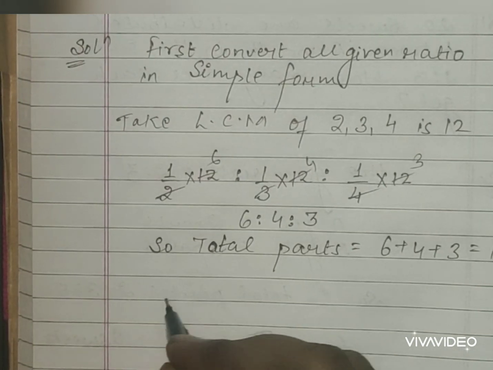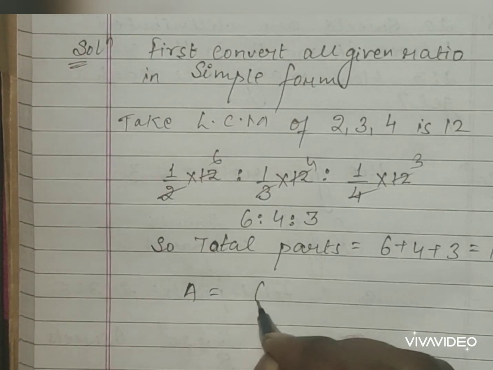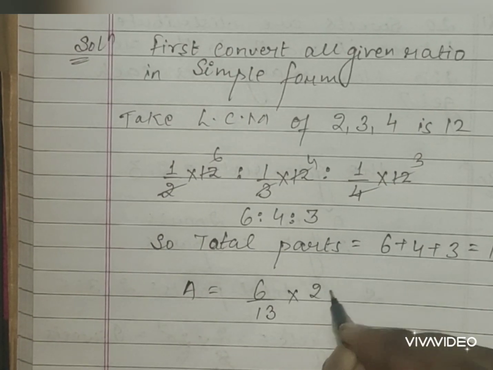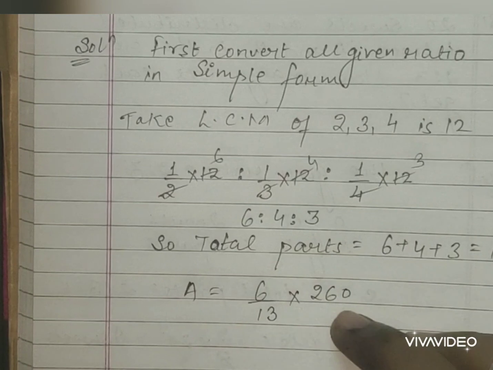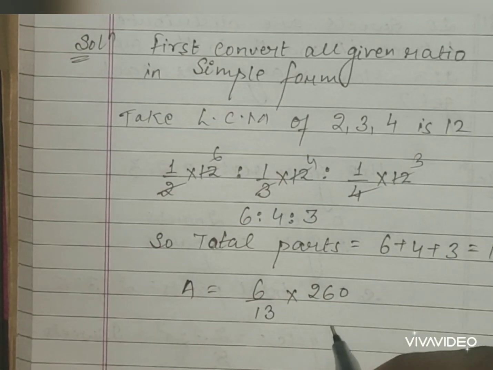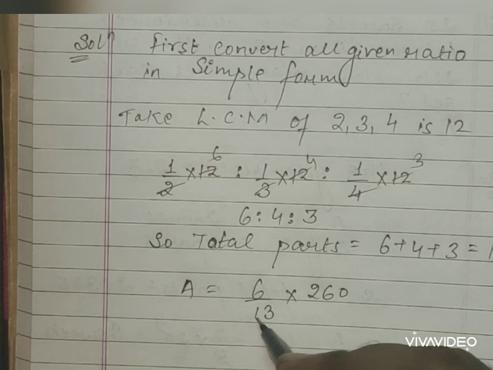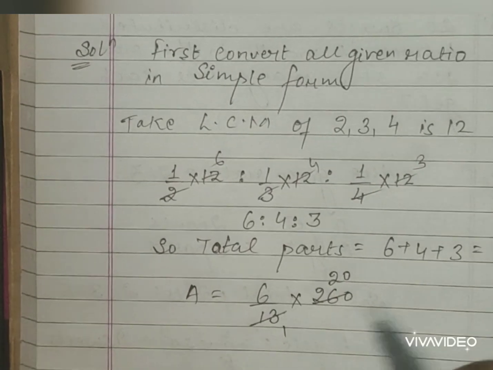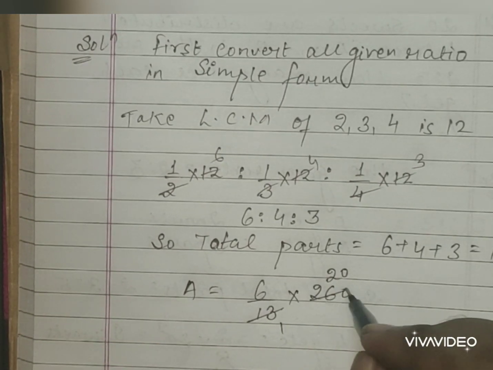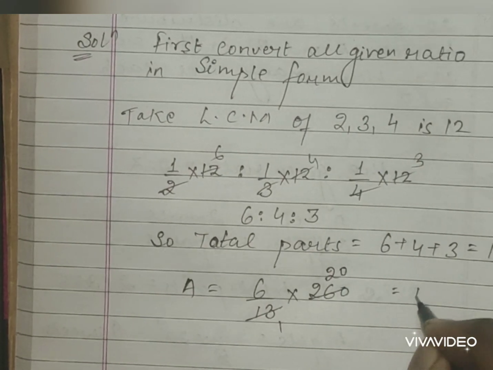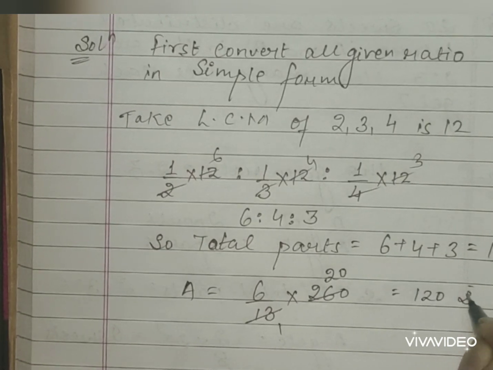So now A is 6/13 into 260, means 6 by 13 of 260. So you will get how much? 13 twenties are 260, 13 twos are 26 and 0. So you are getting 120 rupees.